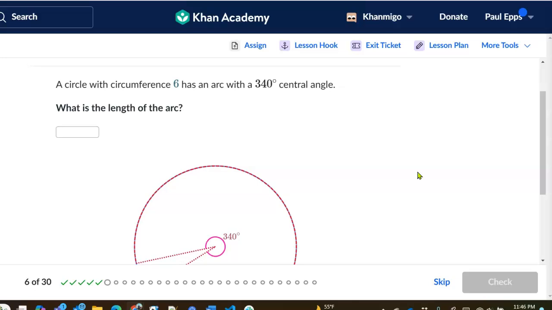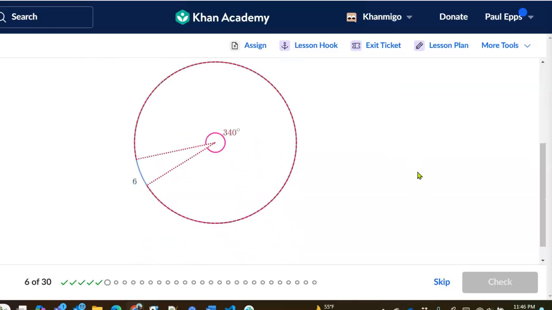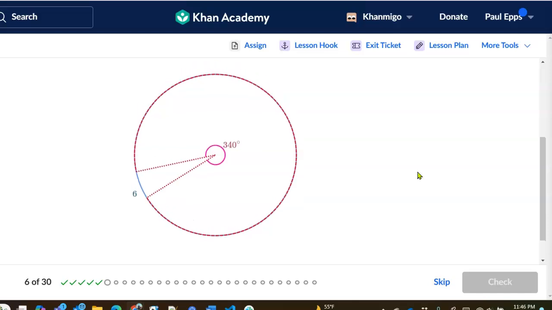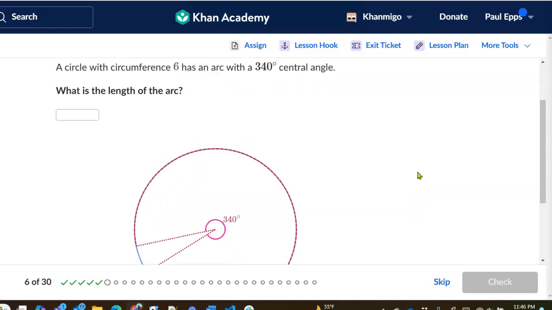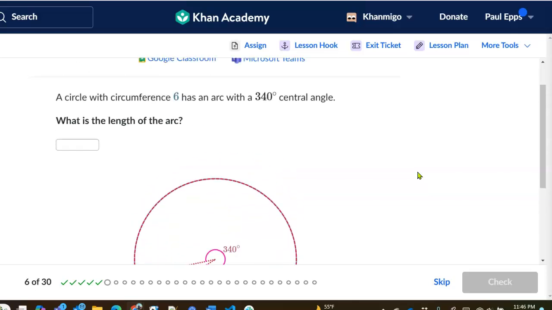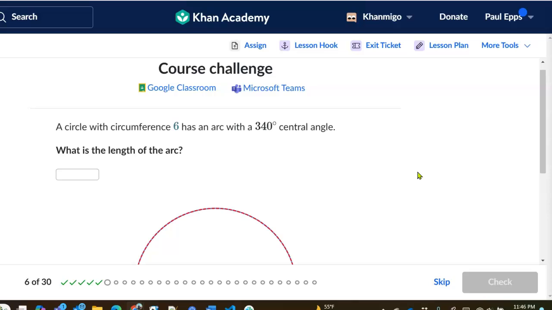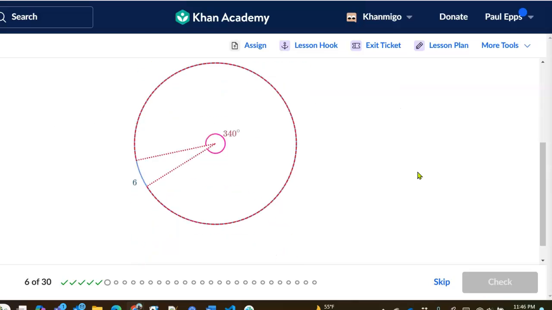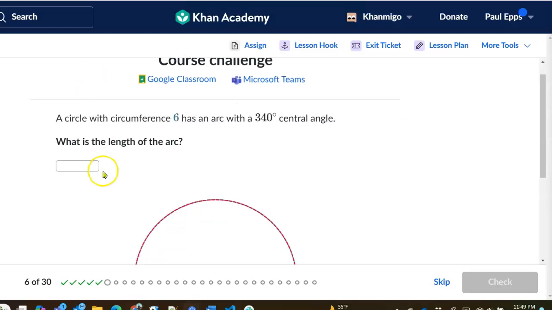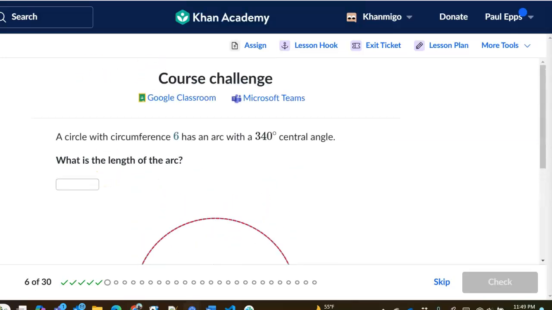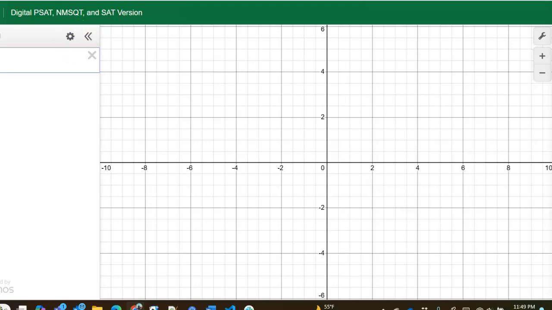A circle with circumference 6 has an arc with a 340-degree central angle. What is the length of the arc? It's not offering me a calculator here, so let me see if I can just pull one up.